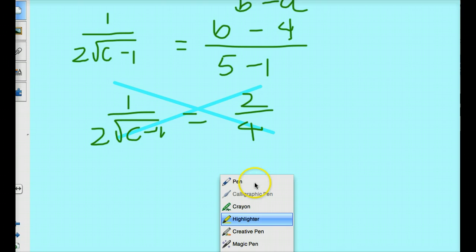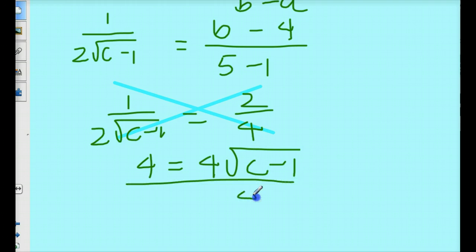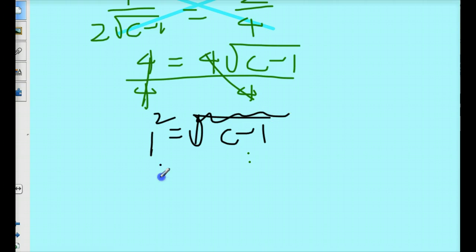And what we see is 4 is equal to 4 radical c minus 1. I divide by 4 on both sides, and what I get is 1 is equal to the square root of c minus 1. To undo the square root, I square everything, and 1 is equal to c minus 1. I add that 1 and I get c is equal to 2.